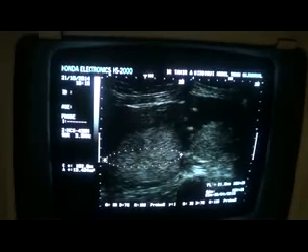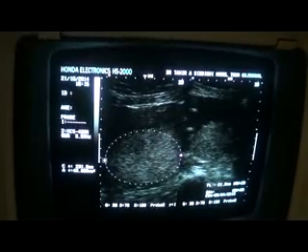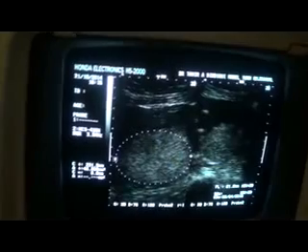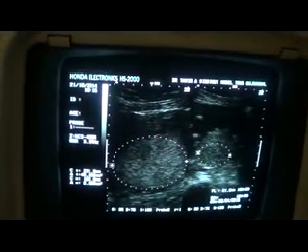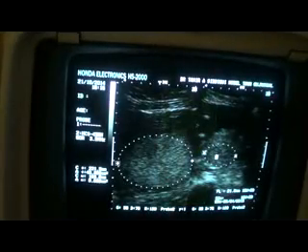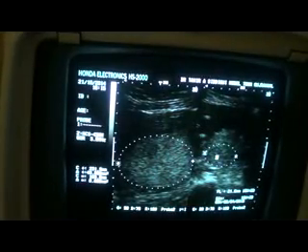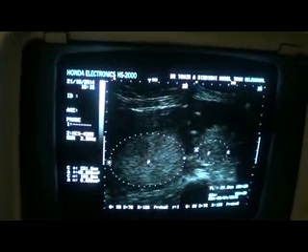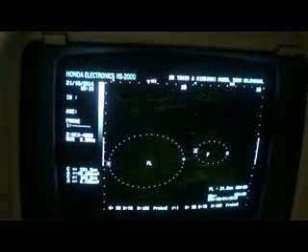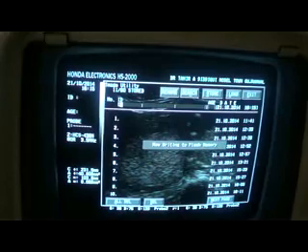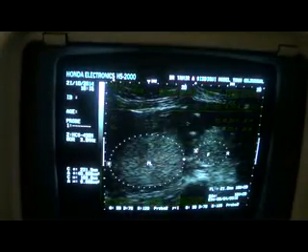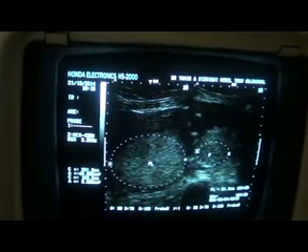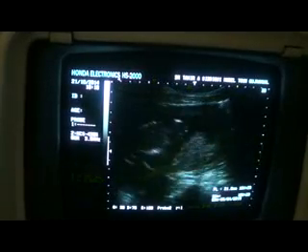This is the placental tissue, this is the grade 2 placenta, and this is the fibroid, this area. F will denote the fibroid, and PR is for placenta, and F is for the fibroid.